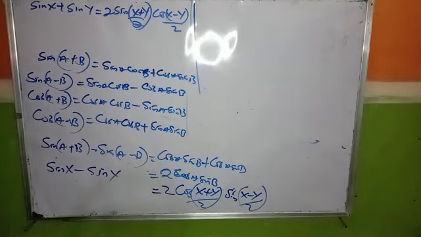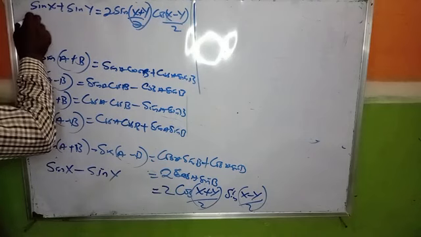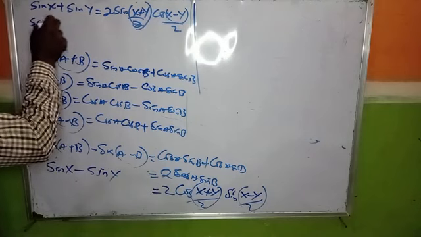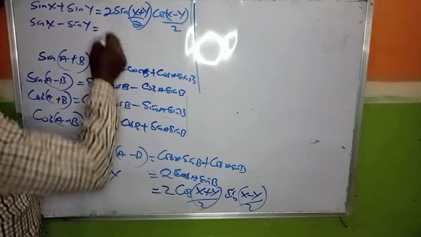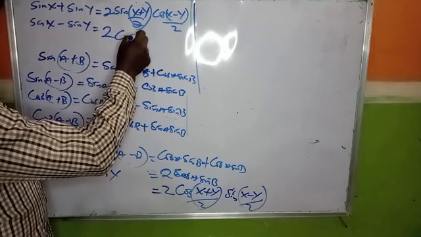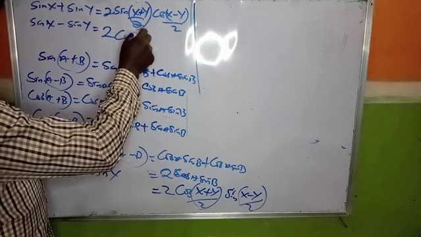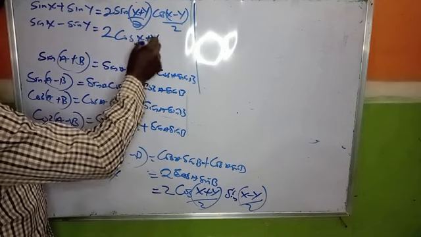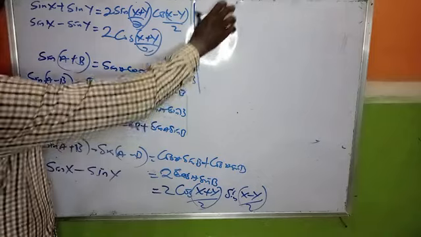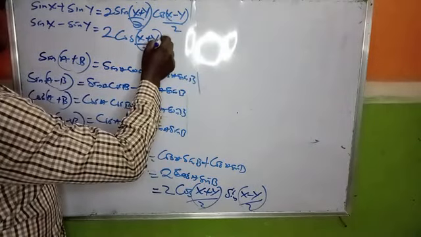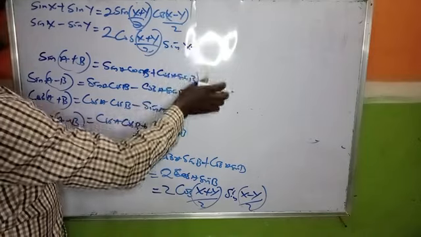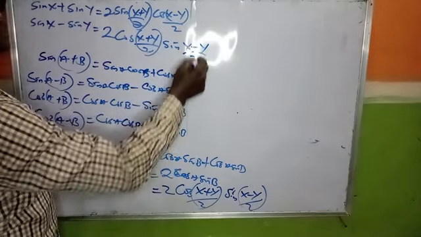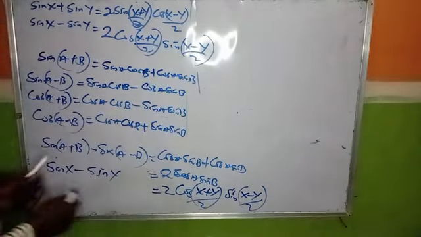So that is it. So you have the second one like this: sine x minus sine y equal to 2 cos x plus y over 2 sine x minus y over 2. So you have it like that.